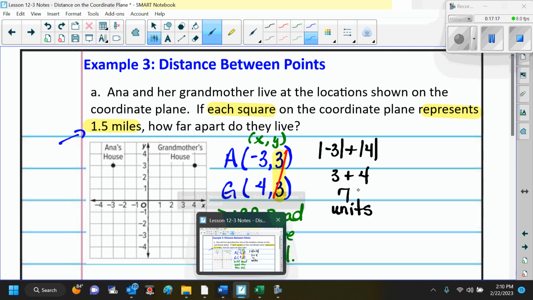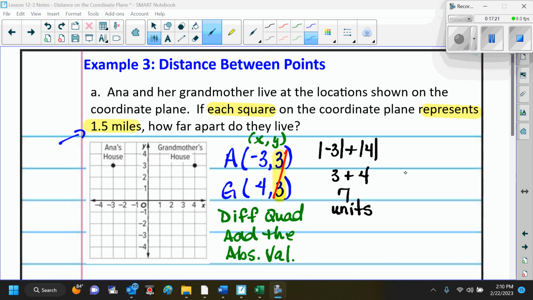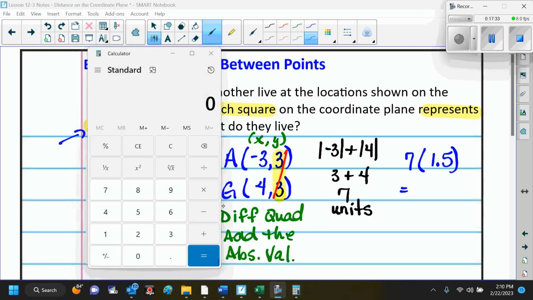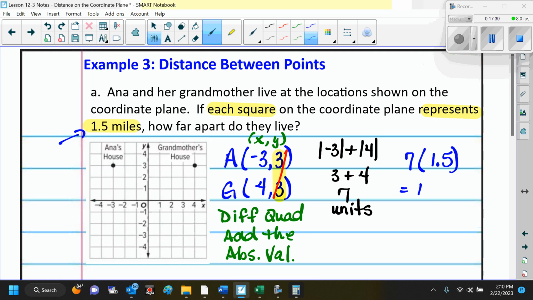So the second step that we need to do now is we need to take 7 units and multiply that times 1.5. And that's going to give us how many miles apart they are. So 7 times 1.5, that gives us 10.5. So they are 10.5 miles apart.